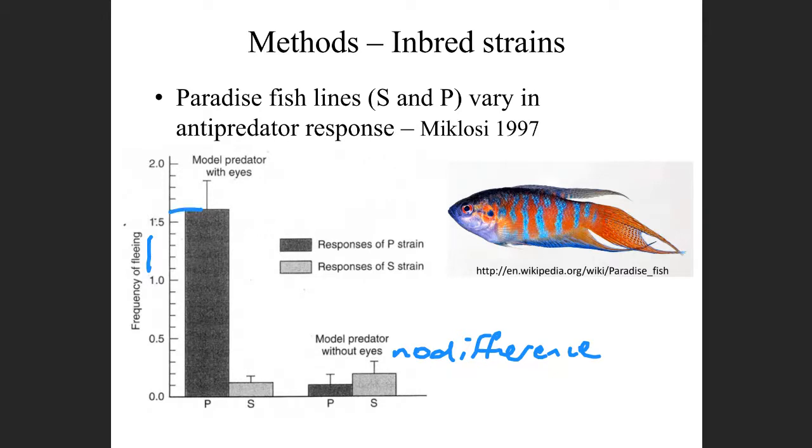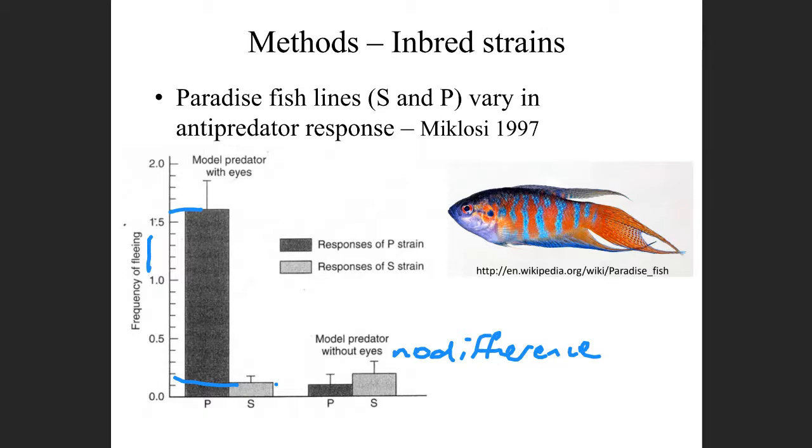However, the S strain never shows an anti-predator response, right? Because you're looking at different inbred lines and everything else about the experiment is the same, what this shows is that there's a gene, at least one gene, that affects the ability to respond to predators by recognizing eyes.